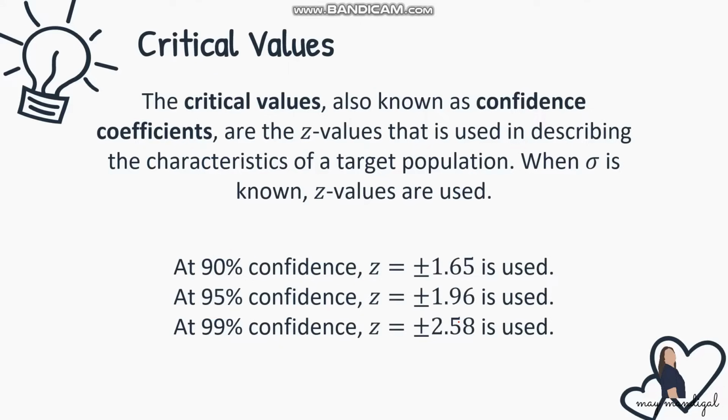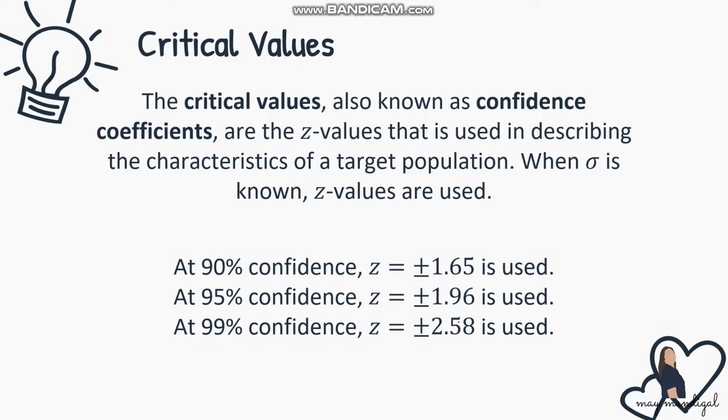Now, you might be asking, is it better to use the 99% level of confidence? Because that means I am 99% sure that the population mean is within this range. Now, the answer there is no. Having 99% level of confidence will not guarantee us, or it's really not better compared to other levels of confidence.